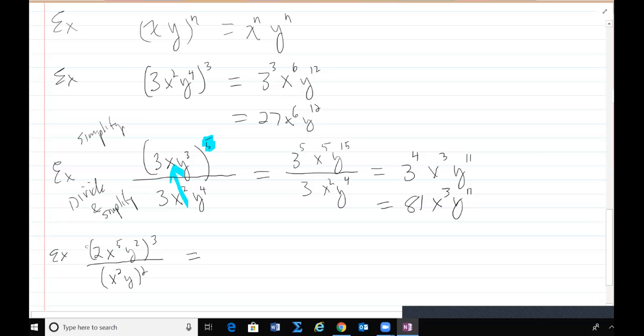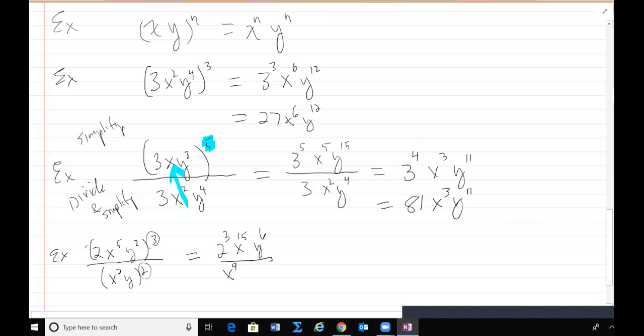Okay, so you start off, we can't do the division until we take care of those exponents, so that 3 and that 2 have to be done first. So we're going to have 2 to the 3rd, x to the 15th, y to the 6th. Down here you're going to have x to the 4th.